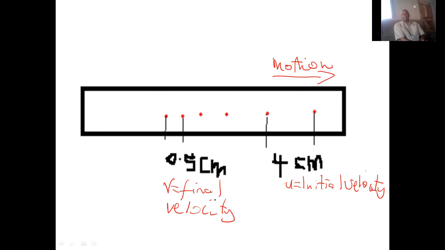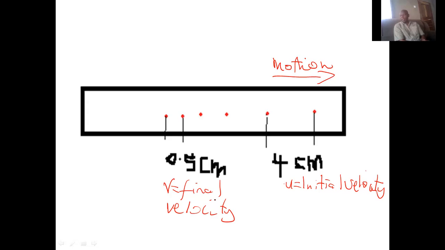We note that for the initial velocity the dots are far apart, meaning that at that time the object was moving very fast, while for the final velocity the dots are closer to each other, meaning that the object wasn't moving as fast as it was at the initial velocity.